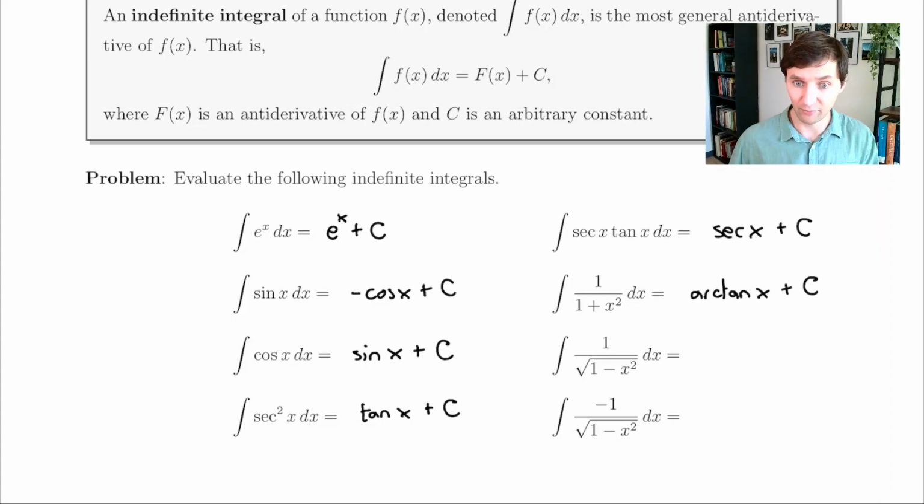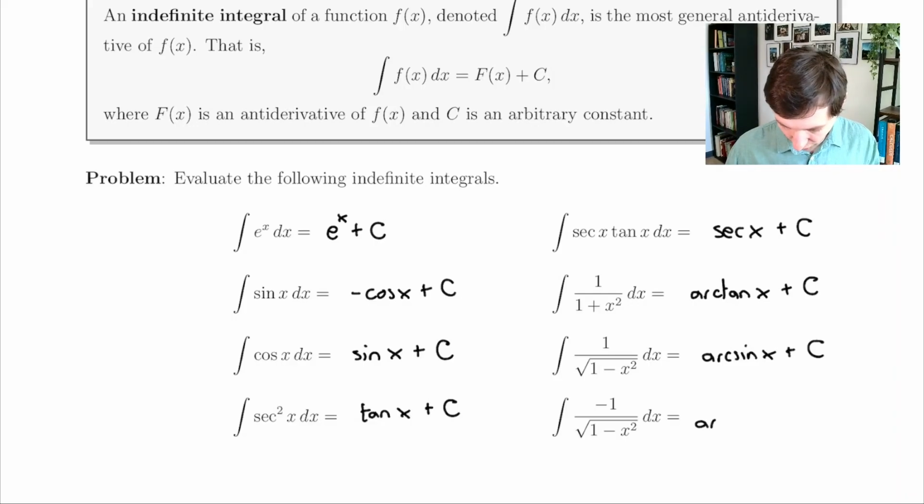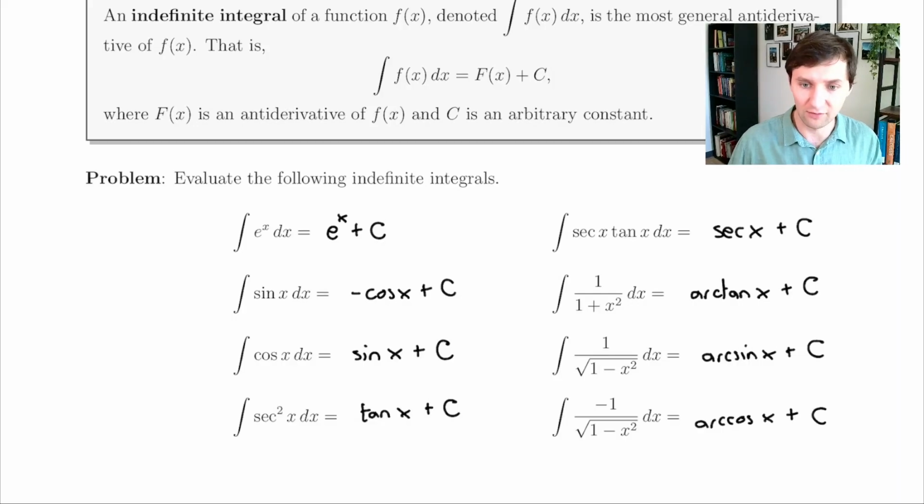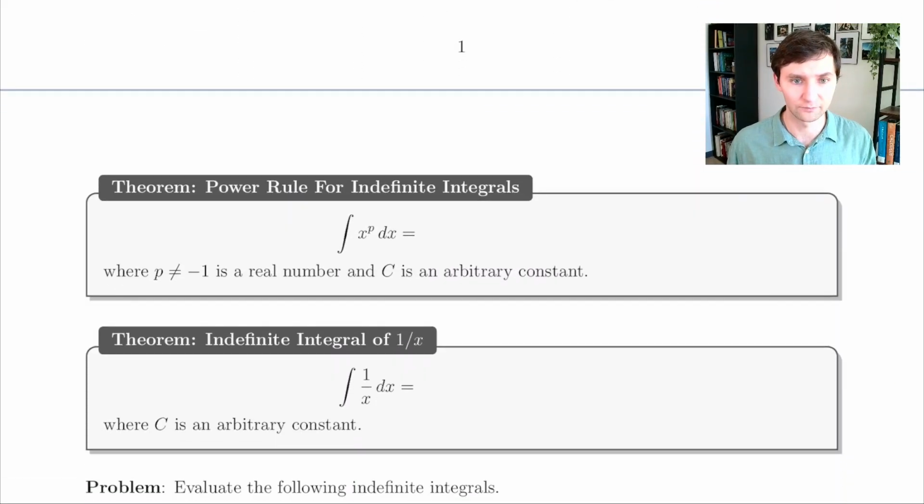The next example, the indefinite integral of this expression is arcsine of x plus c. And finally, I get arccosine plus c. Remember, another name for arccosine is inverse cosine, inverse sine for arcsine, and inverse tangent for arctangent.